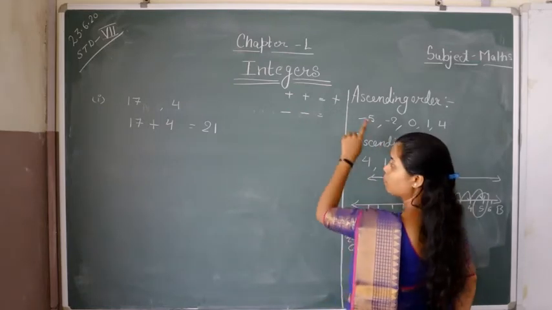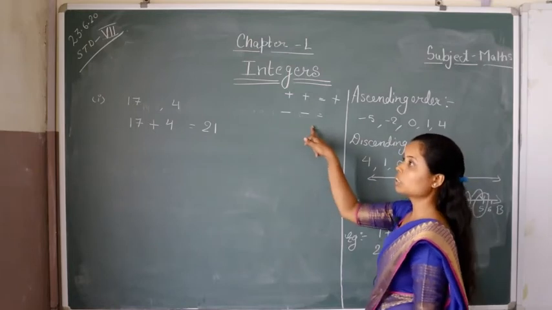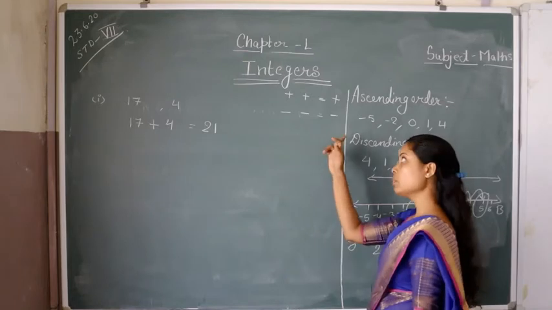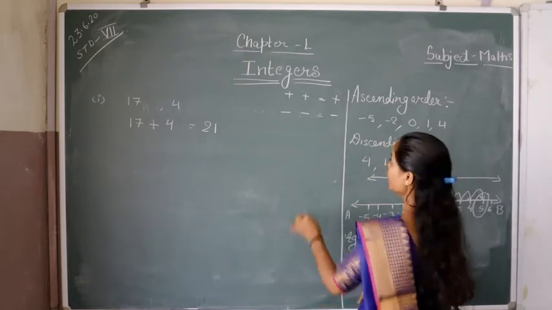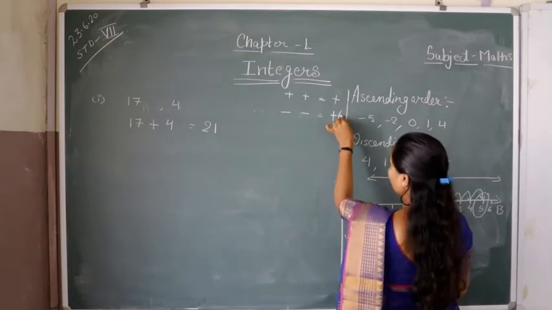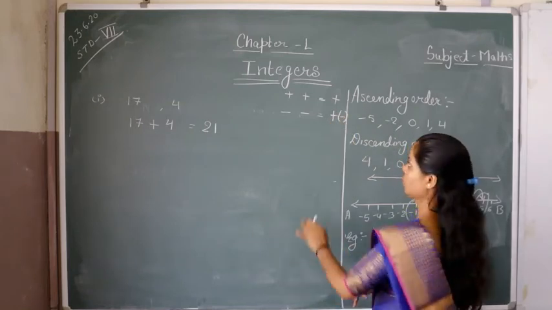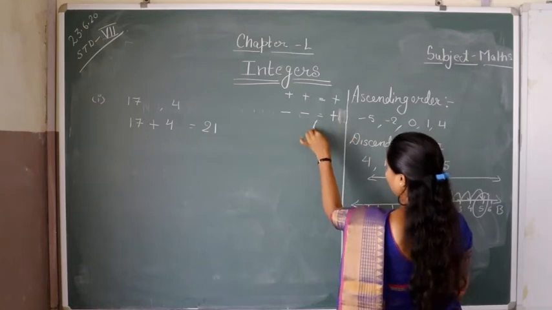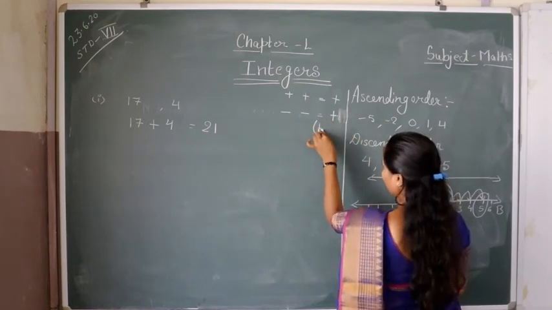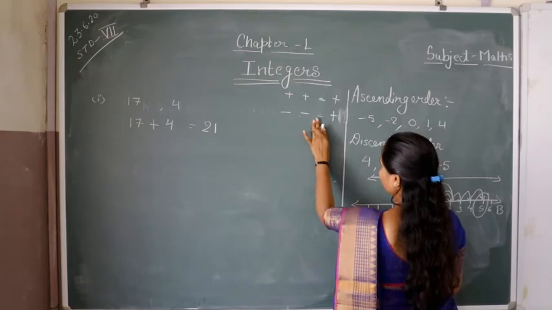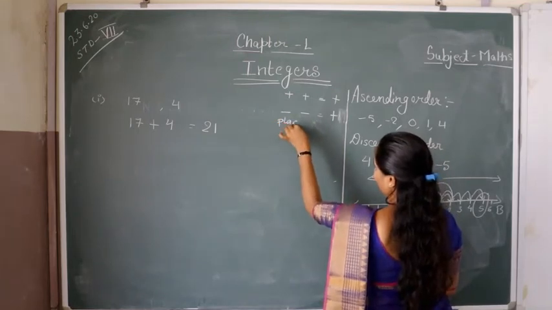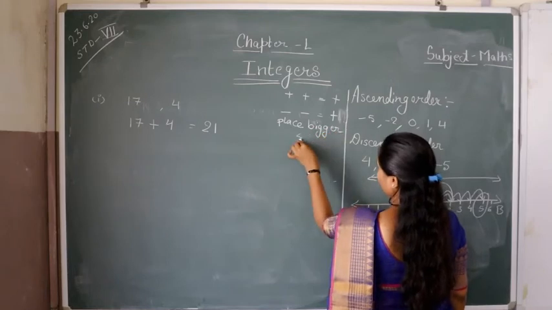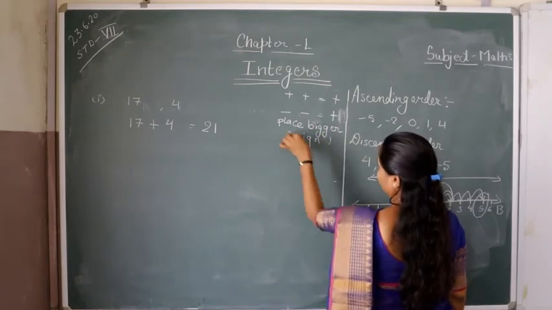When we add 2 negative integers, minus, minus, plus. So we add both, but we put the bigger digit symbol. I write here so you understand well. We add both and place the bigger digit sign.